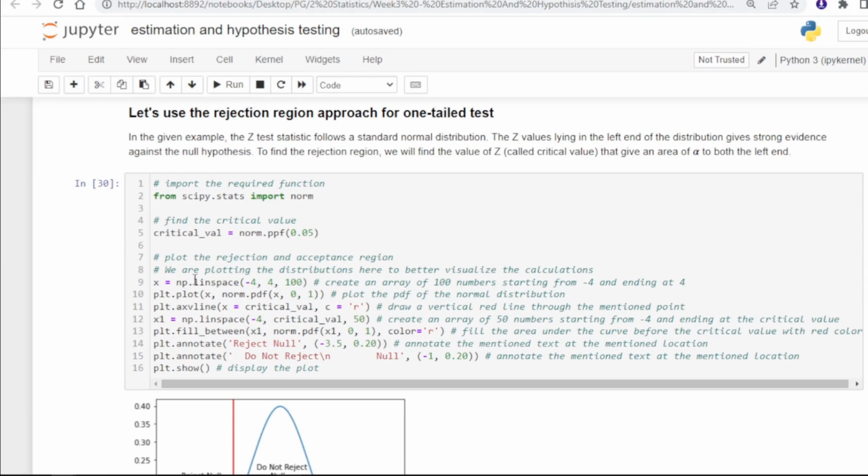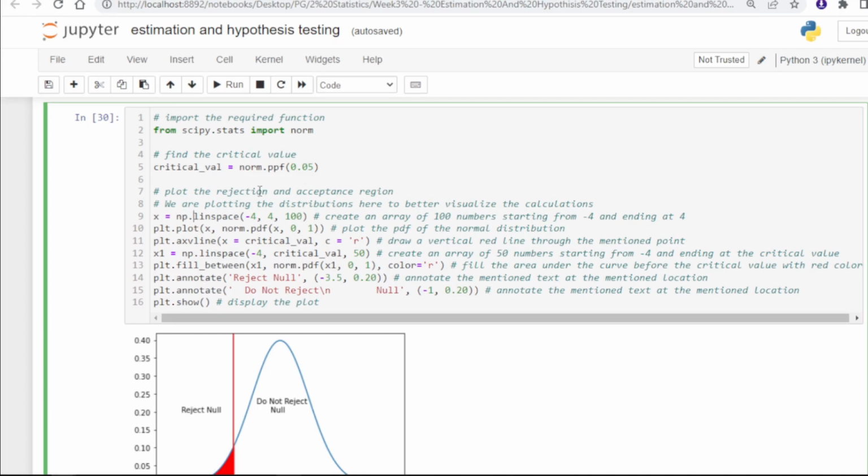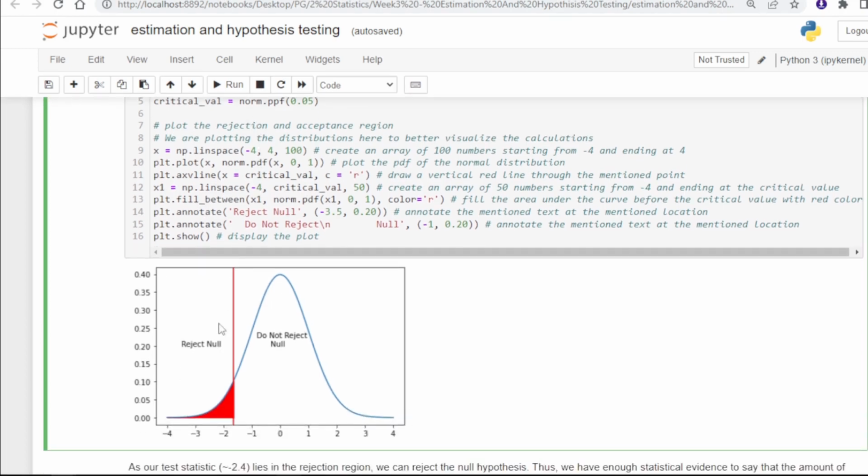If we again use the rejection region approach for the one-tailed test, here you can see that we are applying norm.ppf, and this will be our reject null region, and this is the do not reject the null hypothesis region.